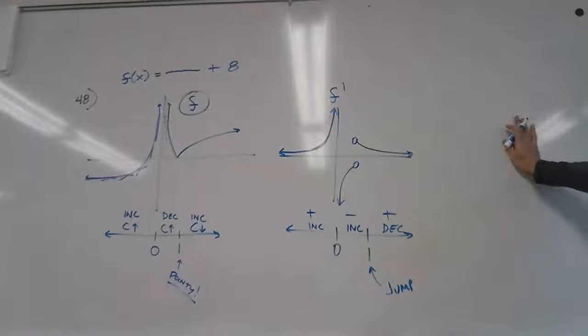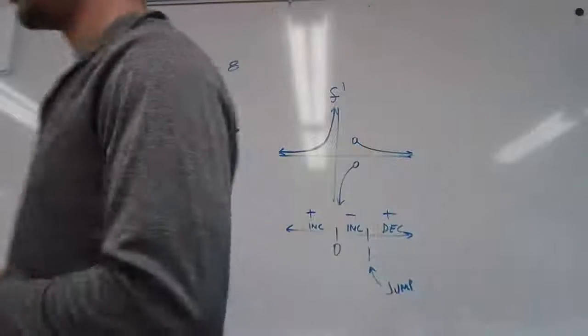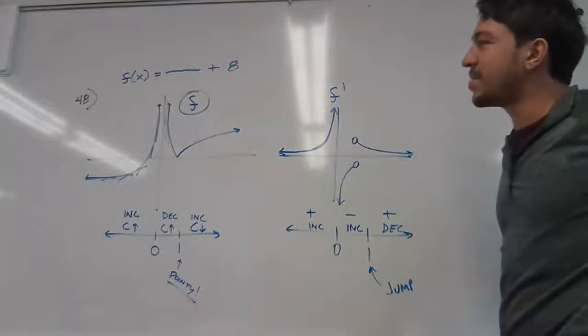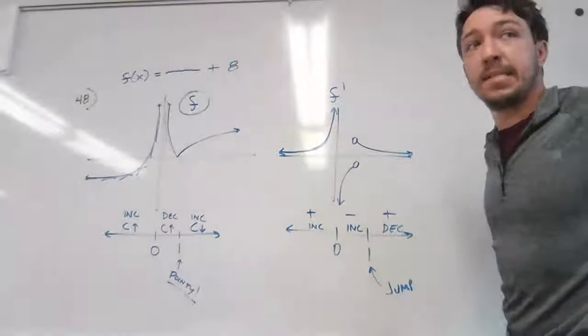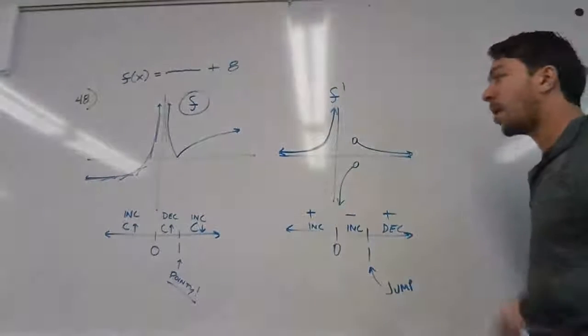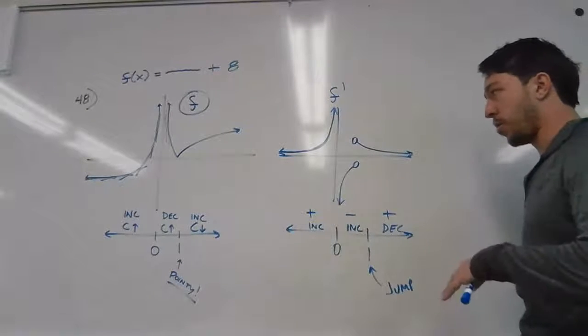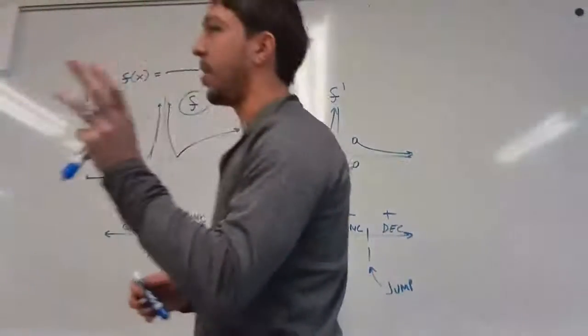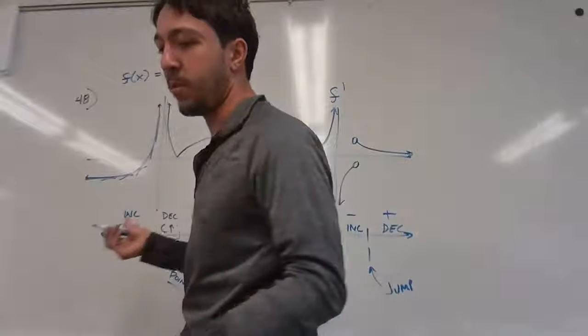That's a good question. You guys hear that question? Very good one. Could this hole be at 0? Now, I would argue no, because at least the way it looks to me, it can be hard to tell because you can't zoom in like a microscope.